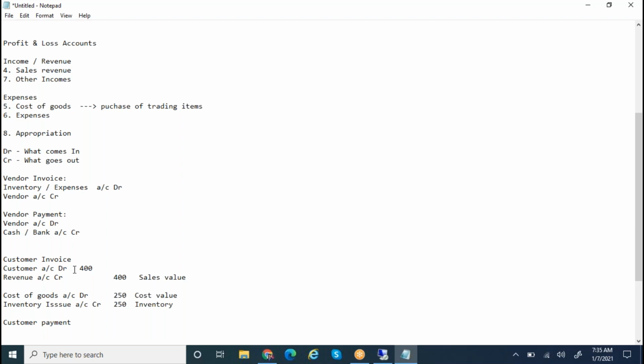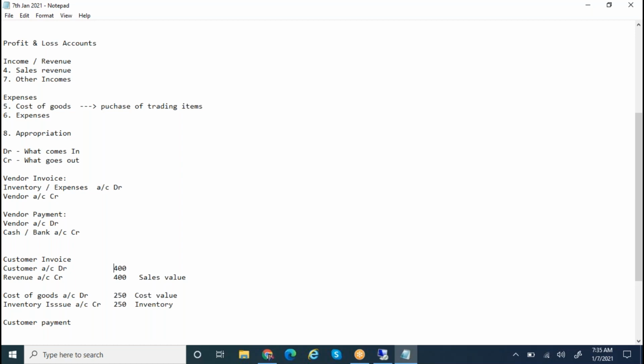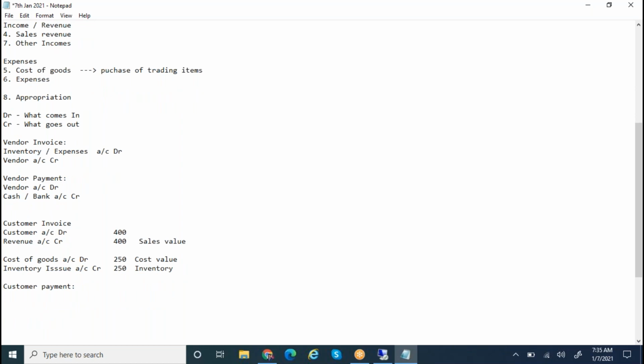This is the postings. Okay, if it is a customer payment, my bank balance will be increased or my cash balance will be increased because I'm receiving money.